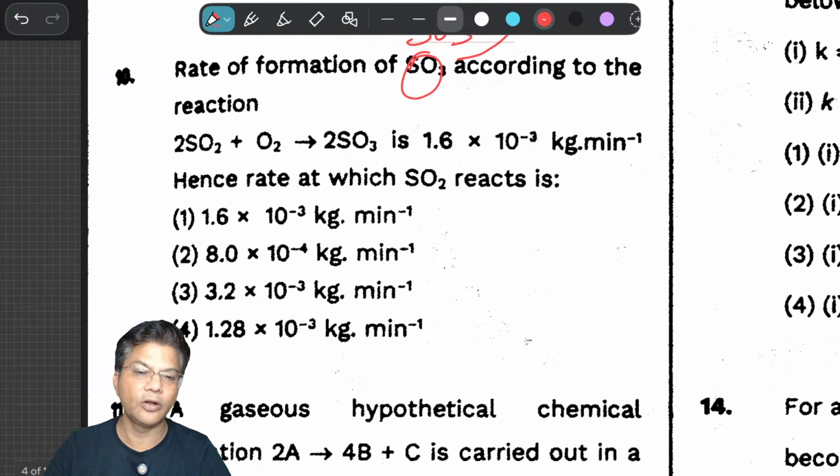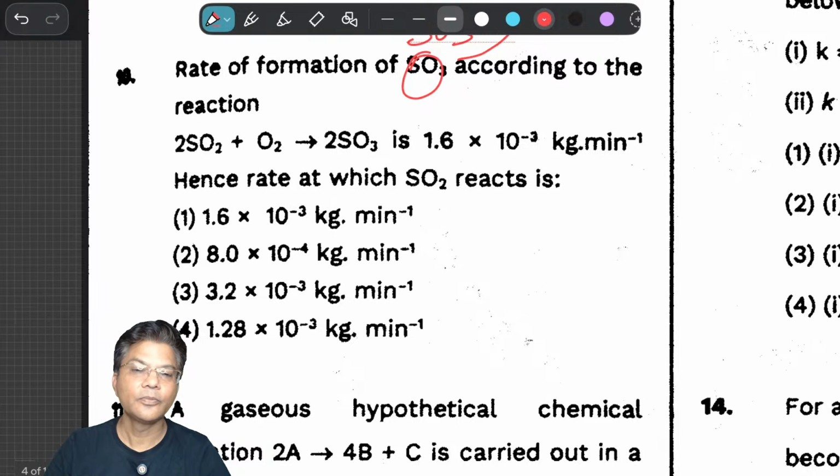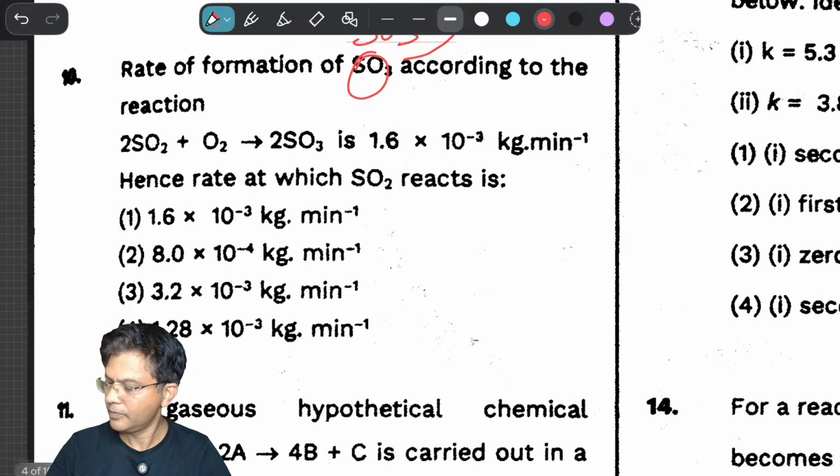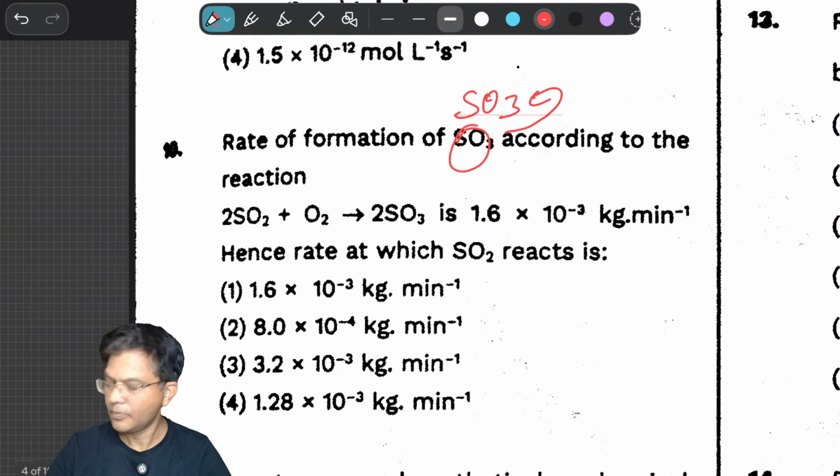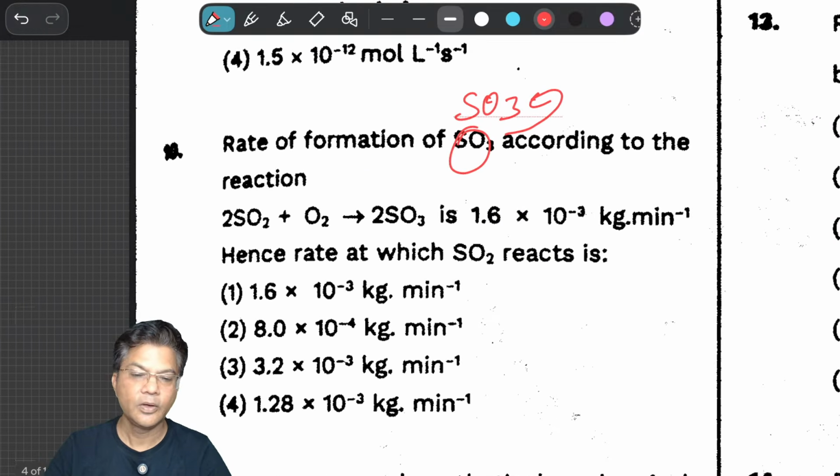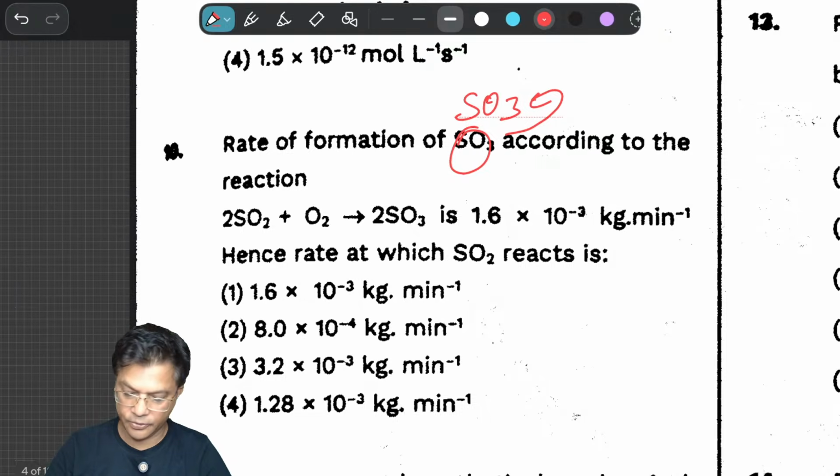Immediately try to solve it. Just see the question properly and try to do it.